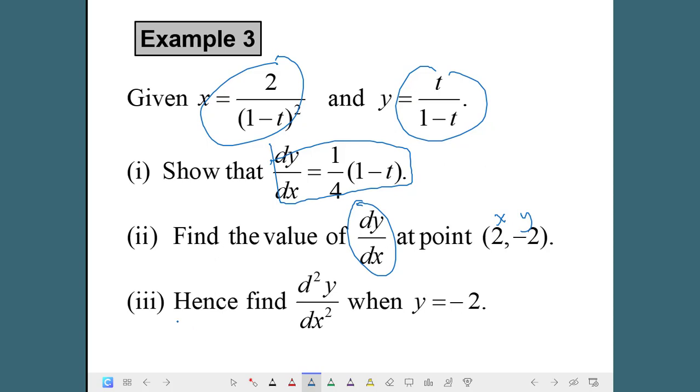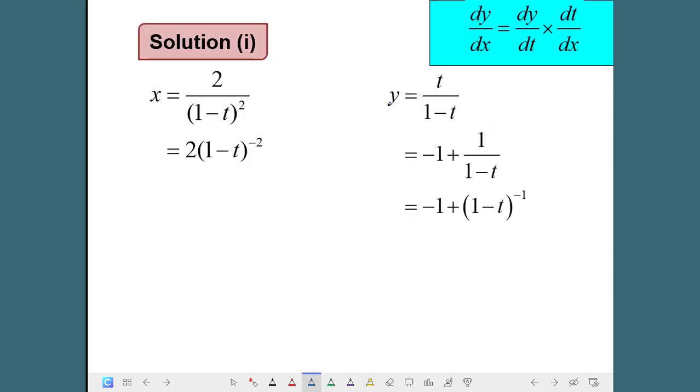Hence find d2y/dx squared at y equal to negative 2. We're going to do the first part first. To show dy/dx, we need to differentiate x with respect to t, differentiate y with respect to t, and apply the chain rule to find dy/dx.